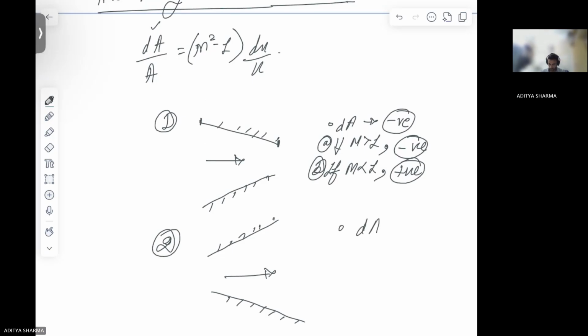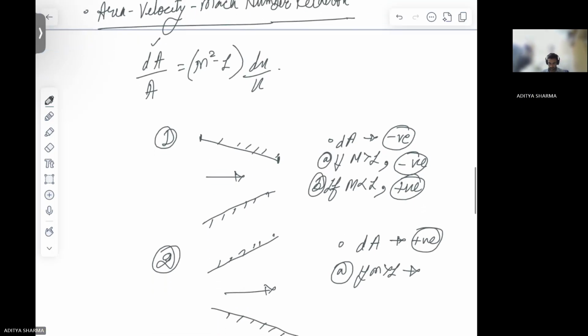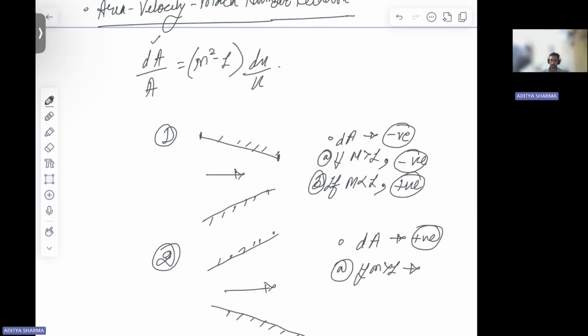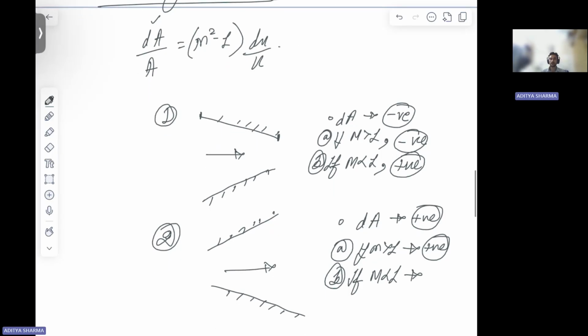So here your area is increasing. So your dA is going to be positive. Now, if Mach is greater than 1, in that case, because M square minus 1 is going to be positive, so your du is also going to be positive. If Mach is less than 1, because your left hand side is positive, so right hand side has to be positive. So minus multiplied by minus is going to be positive.